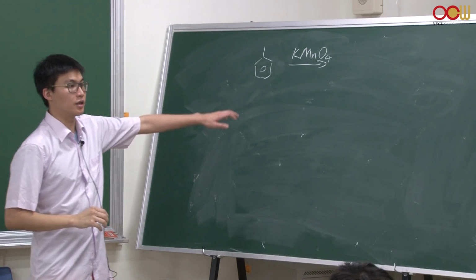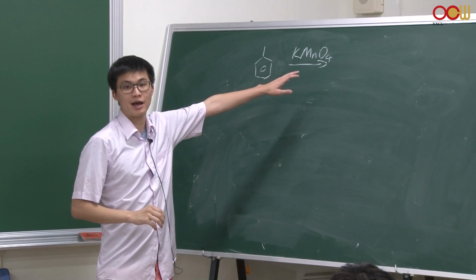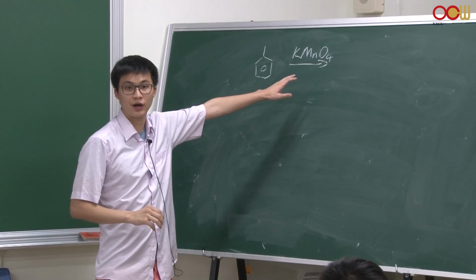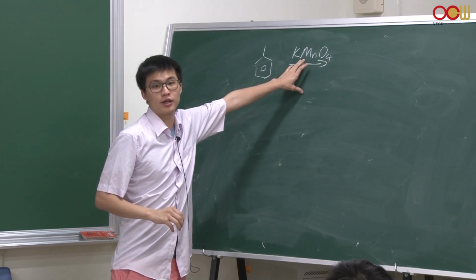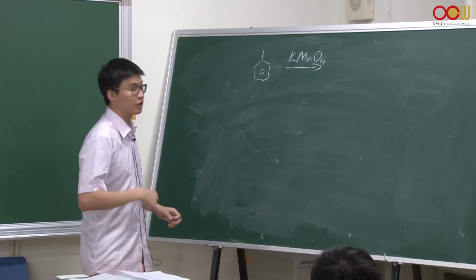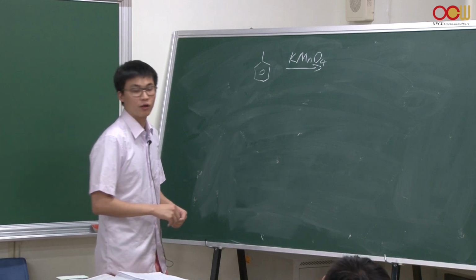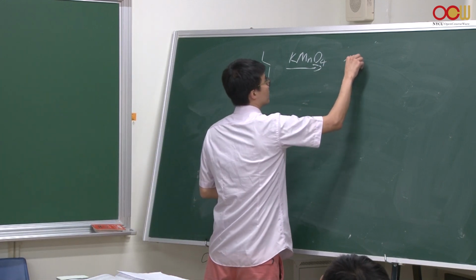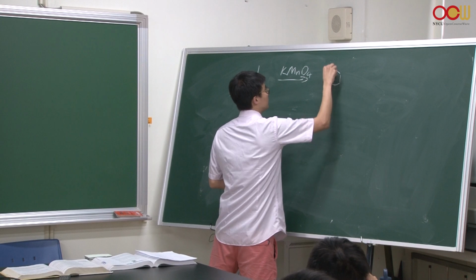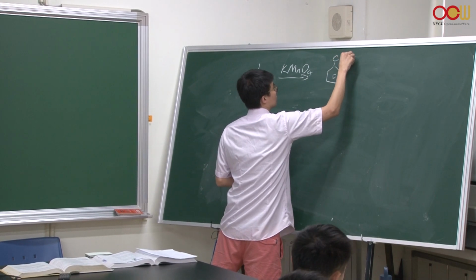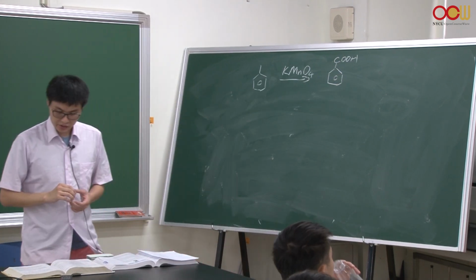You see this all the time in redox chemistry, asking you to balance the charge, right? So this is the oxidant that will give oxygen to this toluene molecule, and you end up with a carboxylic acid in the end.